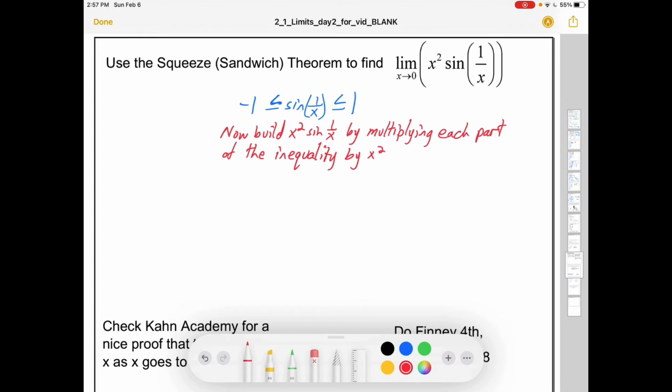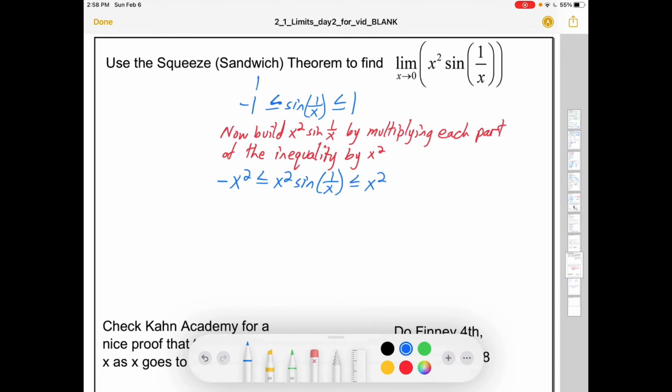Now, it's conceivable in some of these cases that the direction of the inequalities will change if you multiply by a negative. That's not really happening here. But it doesn't matter because it's sandwiched in the middle of them. So we're looking for a case where they're all going to be the same. Okay, so I'm going to times everything by x squared. So I'll get negative x squared is less than or equal to x squared times sine 1 over x, which is a tricky limit to find.